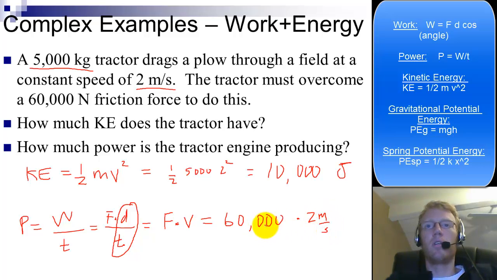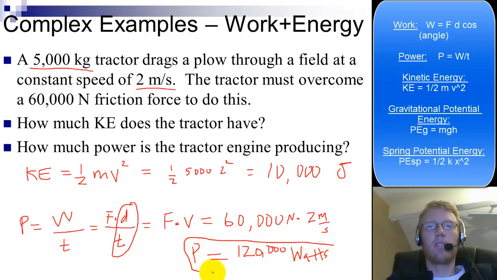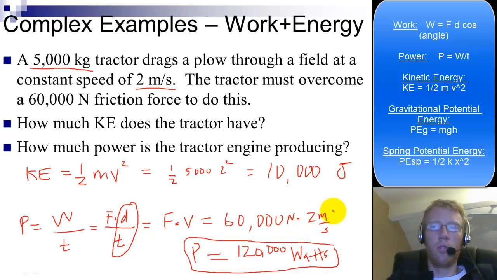And the velocity is 2 meters per second. I guess I should put in here newtons. And so the power that you're exerting is 60,000 times 2, which is 120,000 watts. And you can just put a capital W. I like to write it out sometimes, watts. So a newton times a meter is a joule, and a joule per second is a watt.